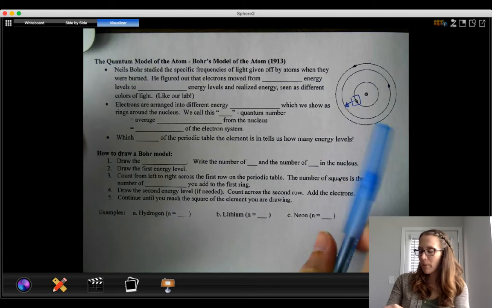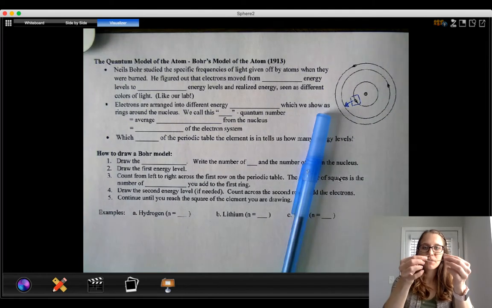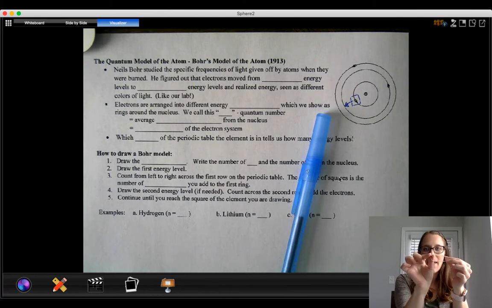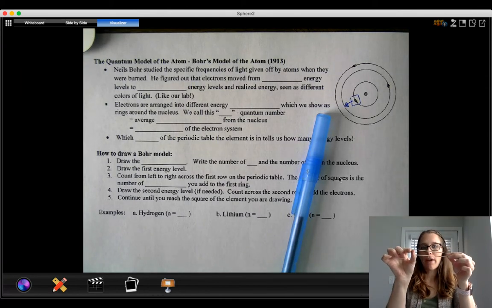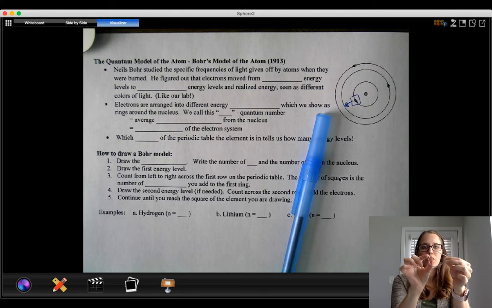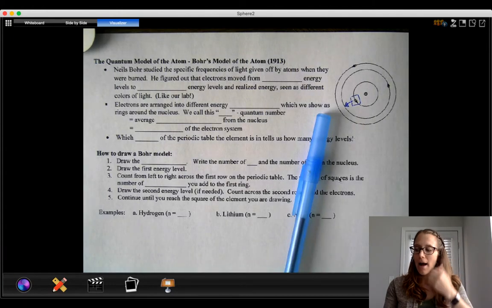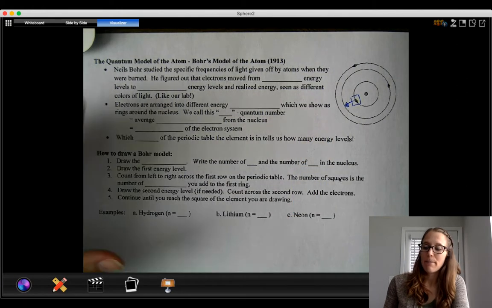So if you picture a rubber band, I have one here, this is where the electron might be right now, but if it was burned, then it gets energy and that makes it stretch and move farther away from the nucleus. Once it's stretched and farther away from the nucleus, its natural instinct, so to speak, is to relax back to its original state. So when burning, it stretches and then it releases, and when it goes back, it releases colors of light that we see in fireworks, for example.